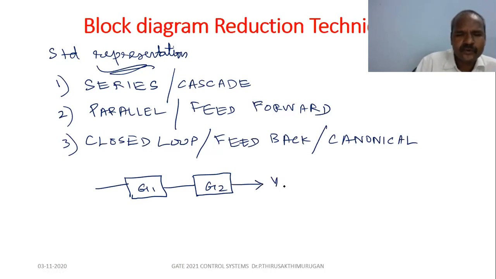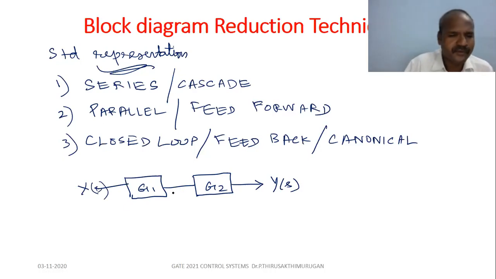Y of S is the output, X is the input, and in between we can have some middle value Z. So Y equals the product of two transfer functions, and not only two, but more.